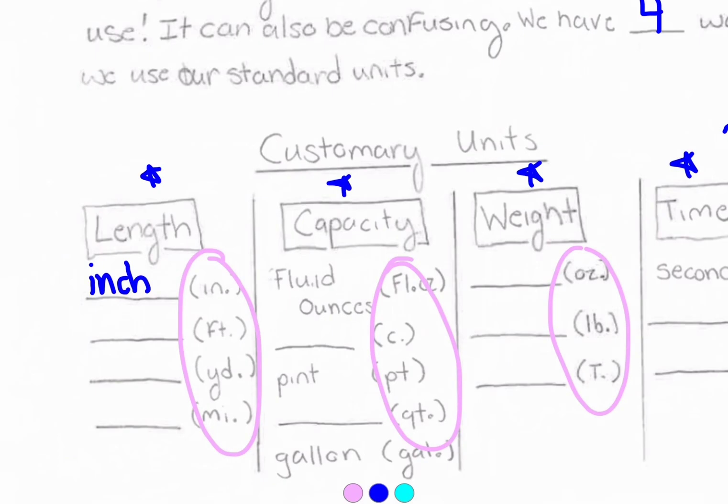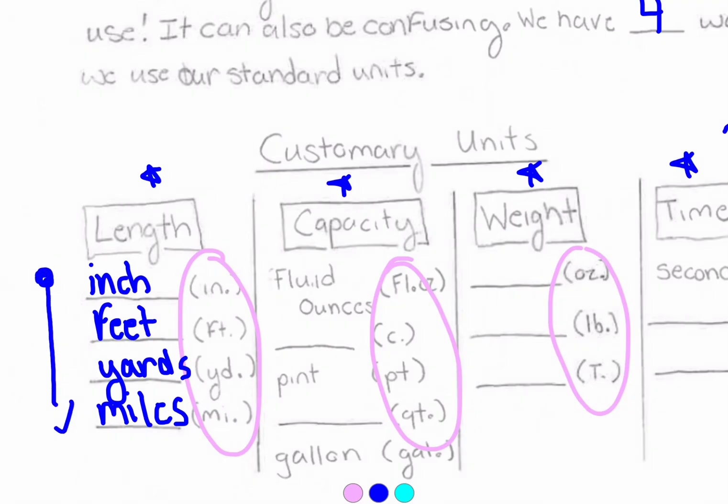So you can measure something in inches, feet, yards, and miles. And what I hope you're noticing, if you know anything about these length measurements, is that you're starting from something small and working your way to bigger things.